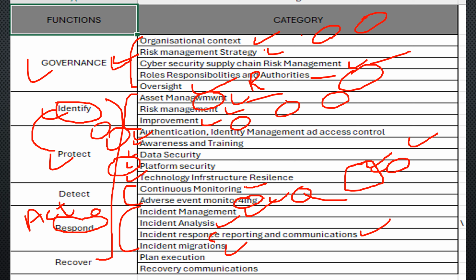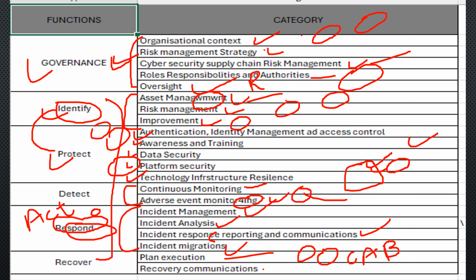Recover: how can we recover once you have responded? We need to make a plan. How? By setting up a meeting with the domain leads or with the management if any serious things are there, through the CAB, change advisory board.